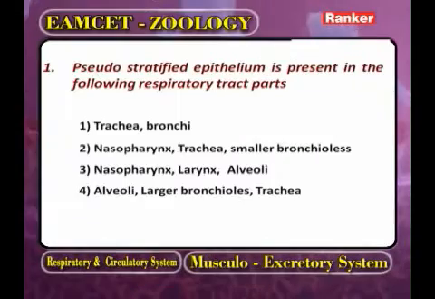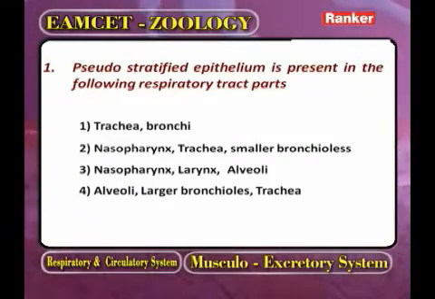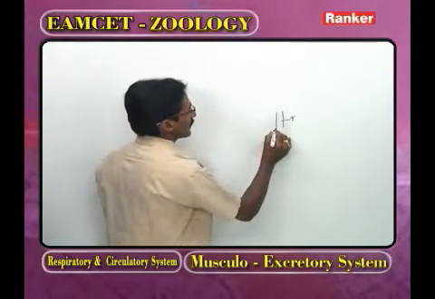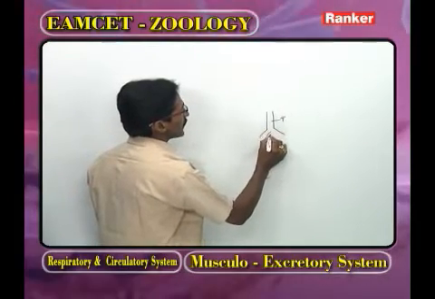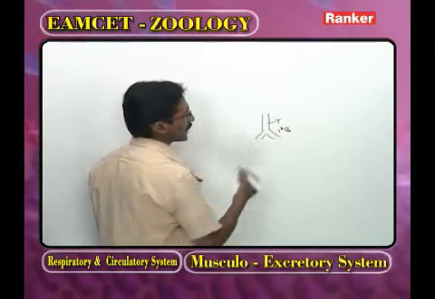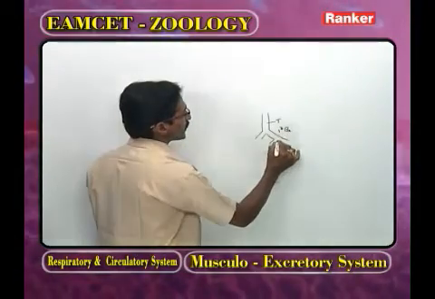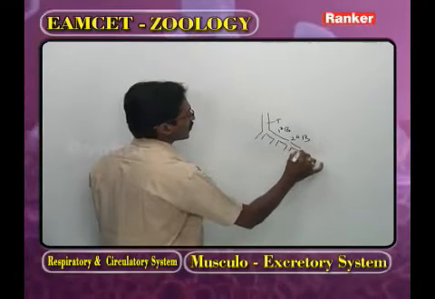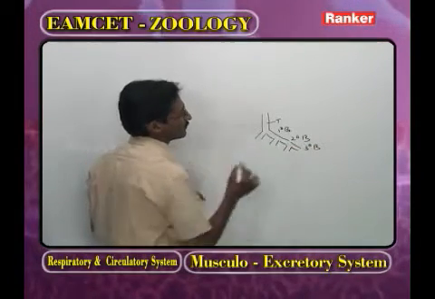Now as we observe, this part we call the trachea. T means trachea. The trachea divides into primary bronchi. They divide into the secondary bronchi. They divide into the tertiary bronchi.